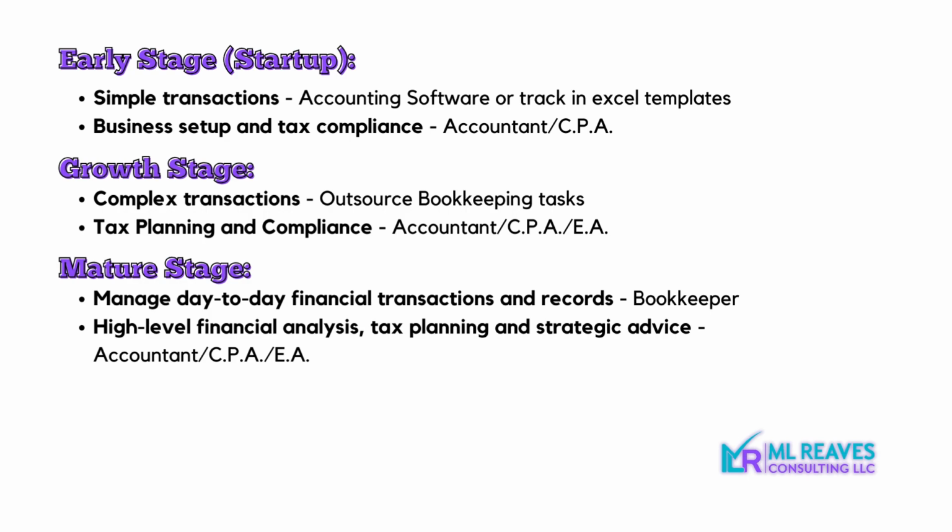If you hire an employee or more than one employee, or even more contractors or 1099 independent contractors, your transactions may become more complex, and you may feel the need to outsource your bookkeeping tasks. As well as any tax planning and compliance, you should be interested at a growth stage in hiring an accountant, CPA, or an EA, which is an enrolled agent for the IRS, who may be able to help you with tax planning and compliance.